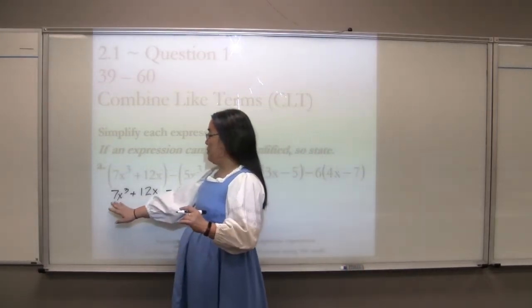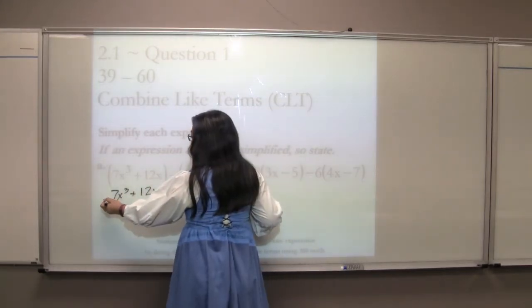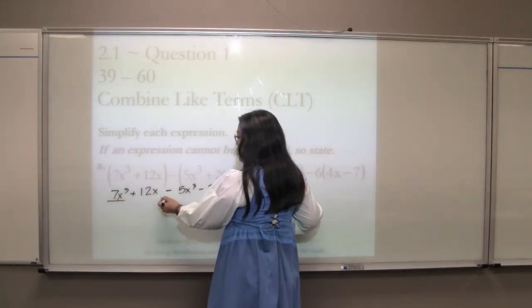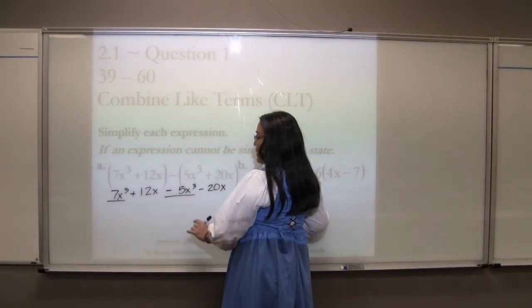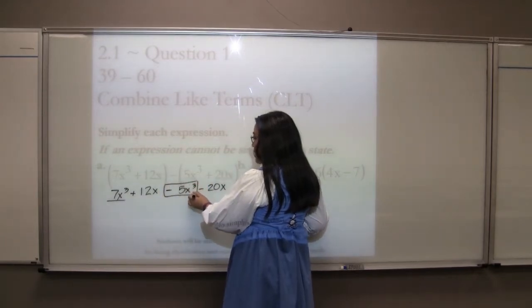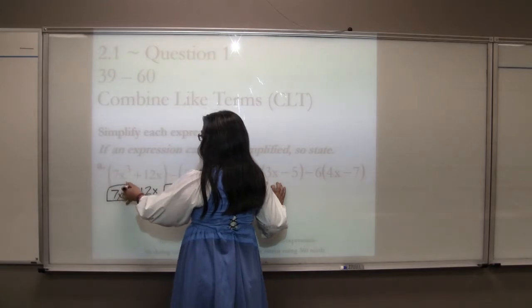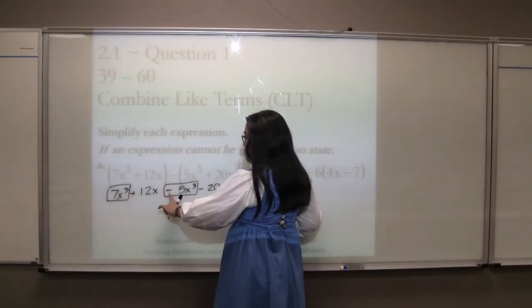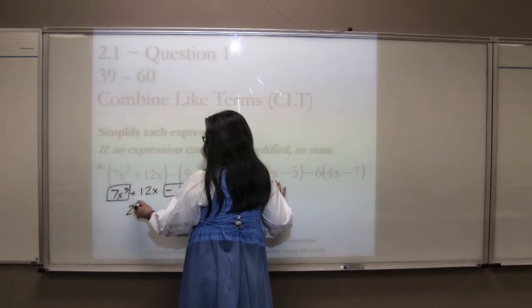So first, I can put my x cubes together with my x cubes. What you might want to do is underline the x cubed term and underline the x cubed term. Notice that I underlined the sign in front of it. Some people also want to put a box around it so that they can see that this term goes with this term. 7x cubed minus 5x cubed gives me 2x cubed.